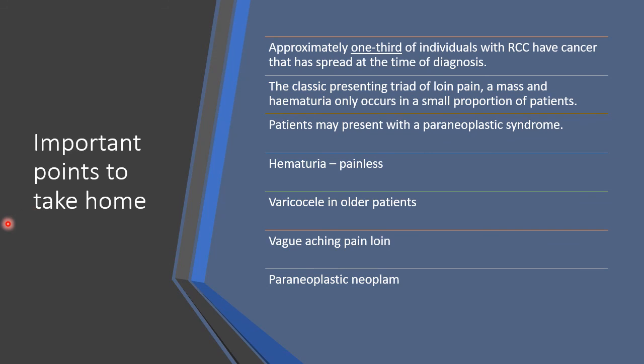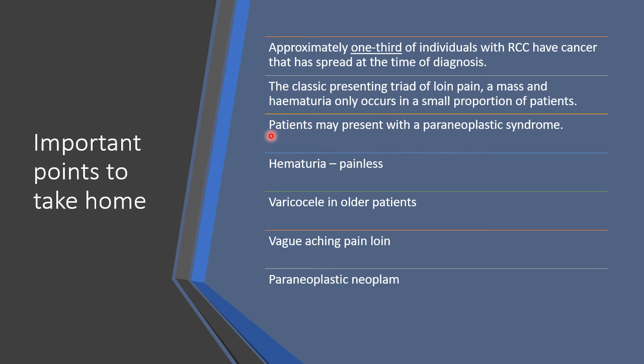Okay, important points to take home from this lecture on renal cell carcinoma. Approximately one third of individuals with renal cell carcinoma have cancer that has spread at the time of diagnosis. The classical triad of loin pain, loin mass, and hematuria only occurs in a small proportion of the patients.